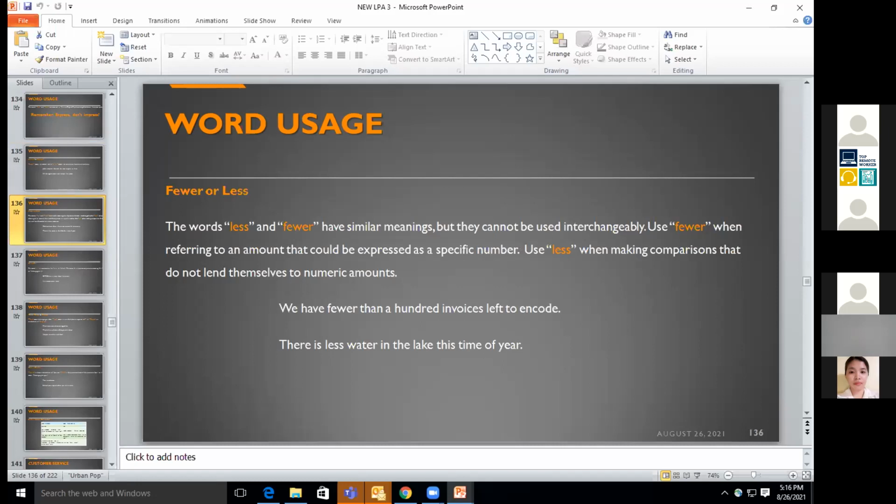There is less water in the lake this time of year. See, you use fewer when there's a numeric number. But if there's no numeric number, making a comparison, you can use less.